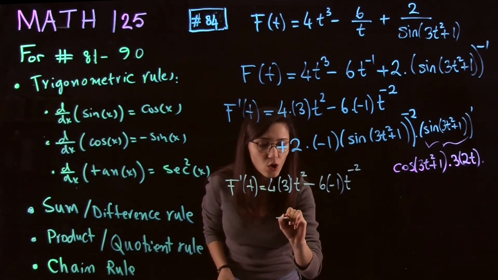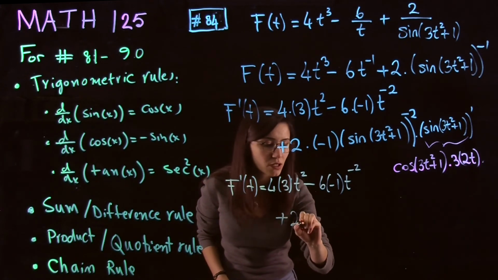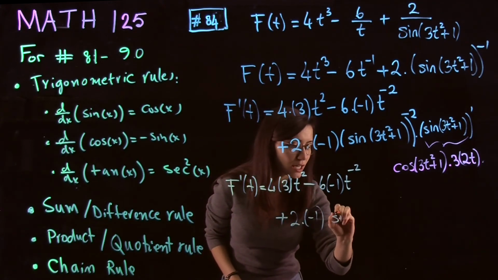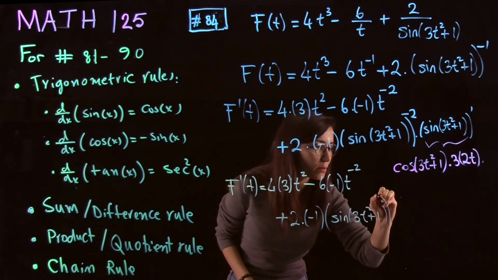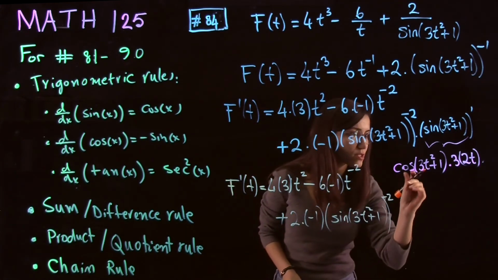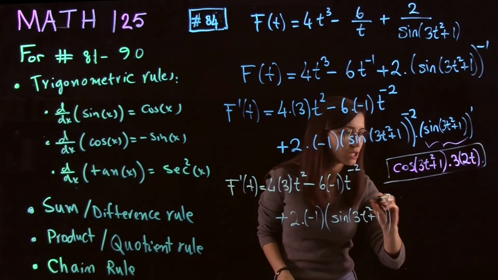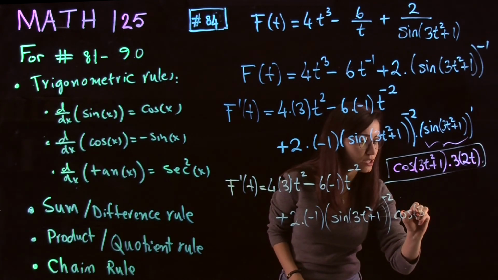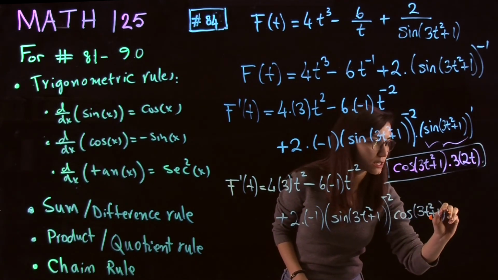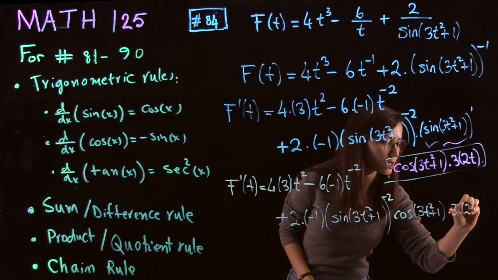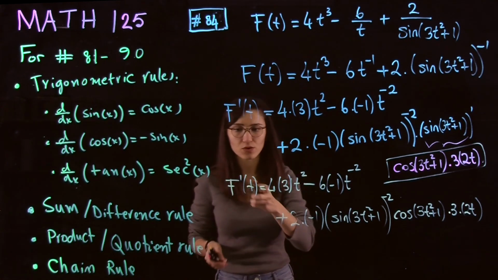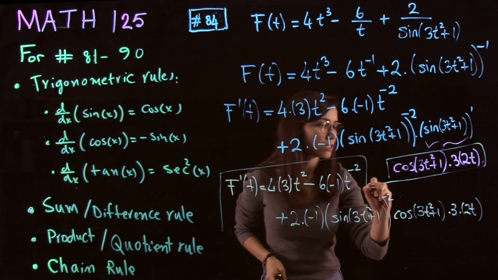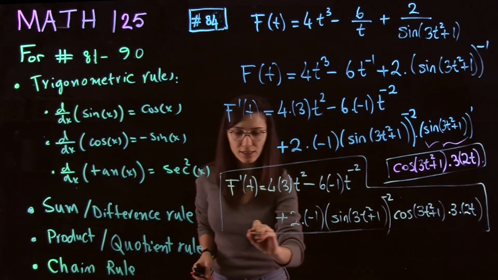So plus all the expressions, 2 times minus 1 sine 3t squared plus 1 to a power minus 2 times, so I'm continuing here, which is cosine 3t squared plus 1 times 3 times 2t. Okay, so this is my answer, and we don't need to do any simplification.